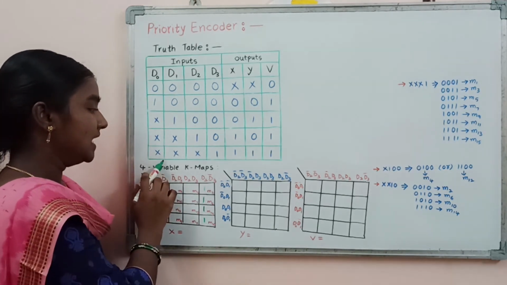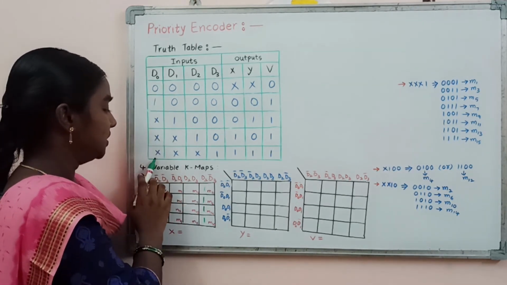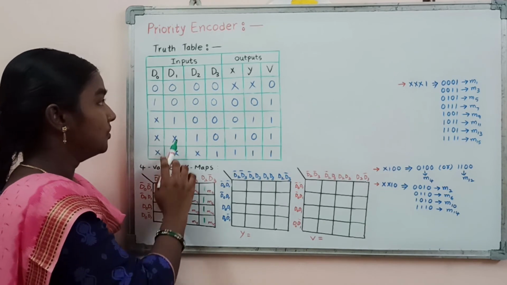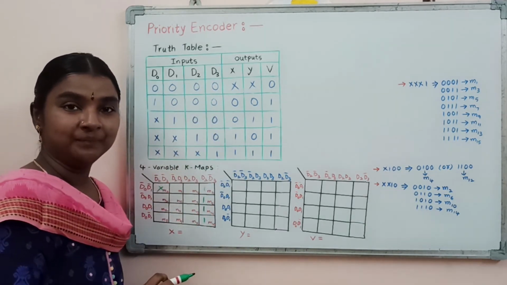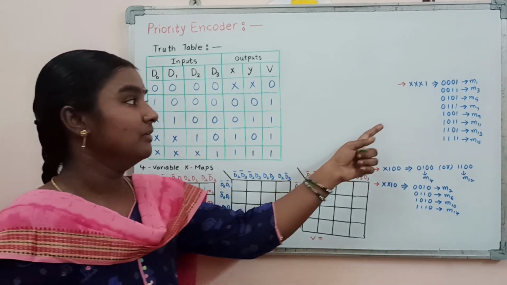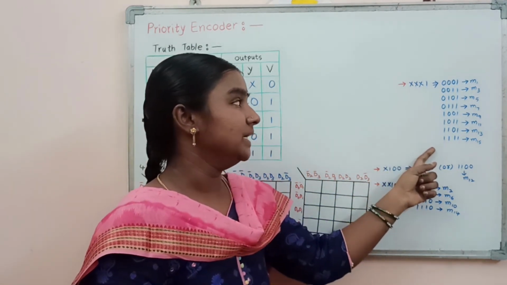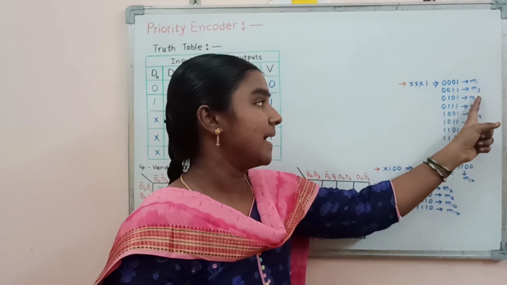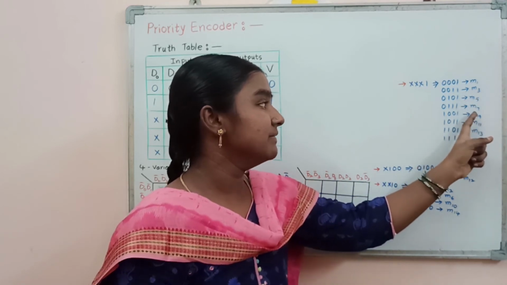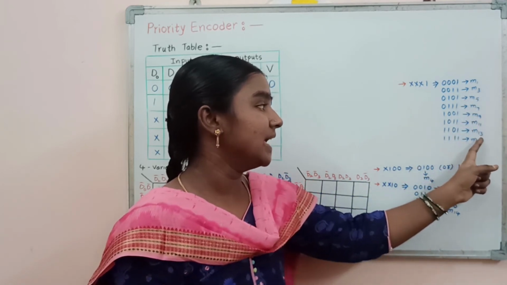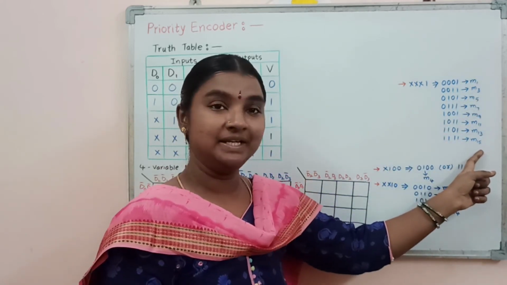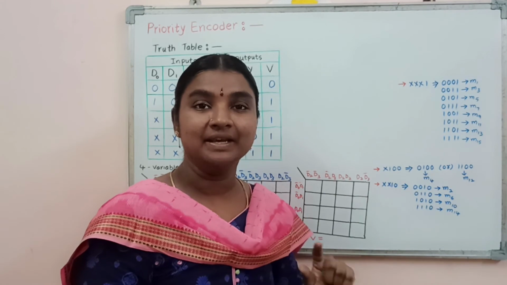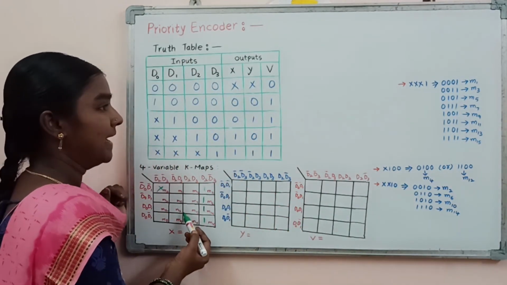Now considering the last combination, D0, D1, D2 are don't care and D3 equal to 1, we find the minterms M1, M3, M5, M7, M9, M11, M13, M15. For all these minterms we have to assign 1 in this K-map.